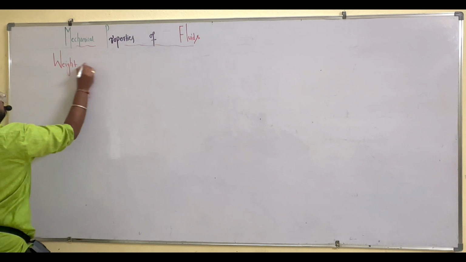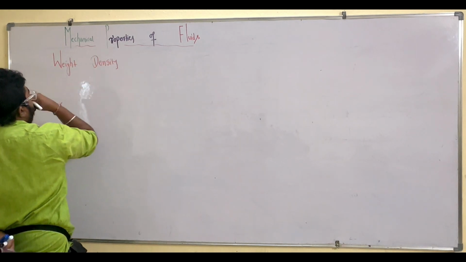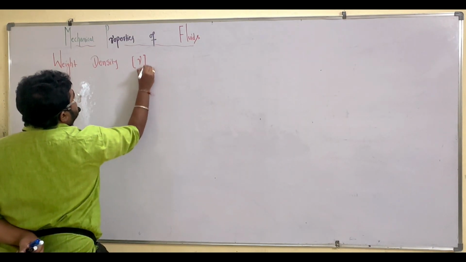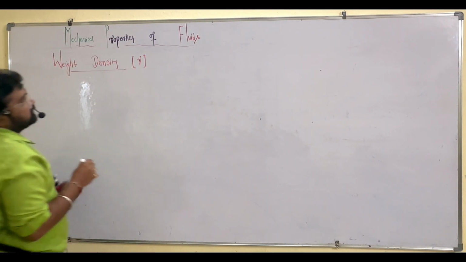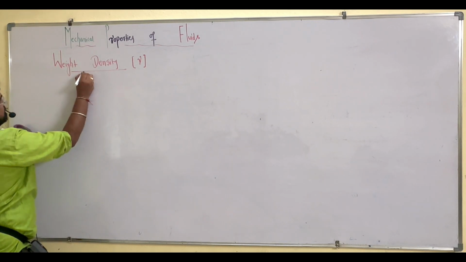We can represent weight density with gamma. Clear? So now tell me, what is the weight density?